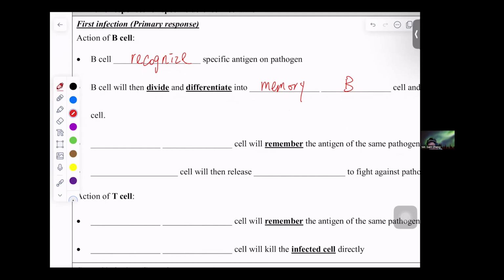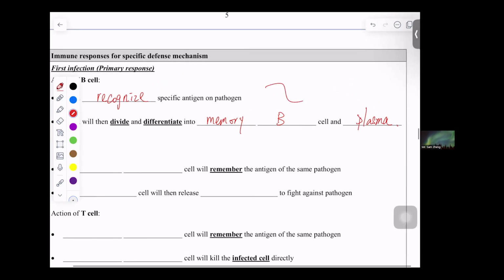They also need to find the correct, suitable antibodies to fight against the pathogens. So therefore, it does take time. Please help me to mark it down that it takes a long time.